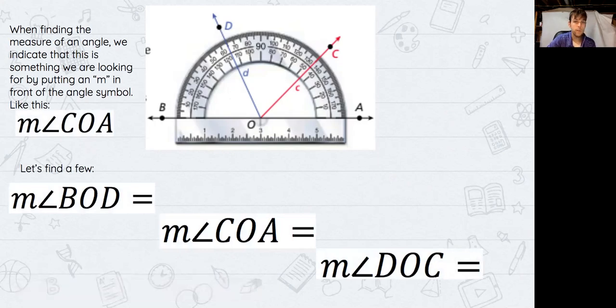The first one, we're looking for the measure of angle BOD. I can follow it with the letters and see what that is. So BOD, that's this one right here. I want to know what the measurement is in between it. I can measure the number of degrees marked out here on my protractor.